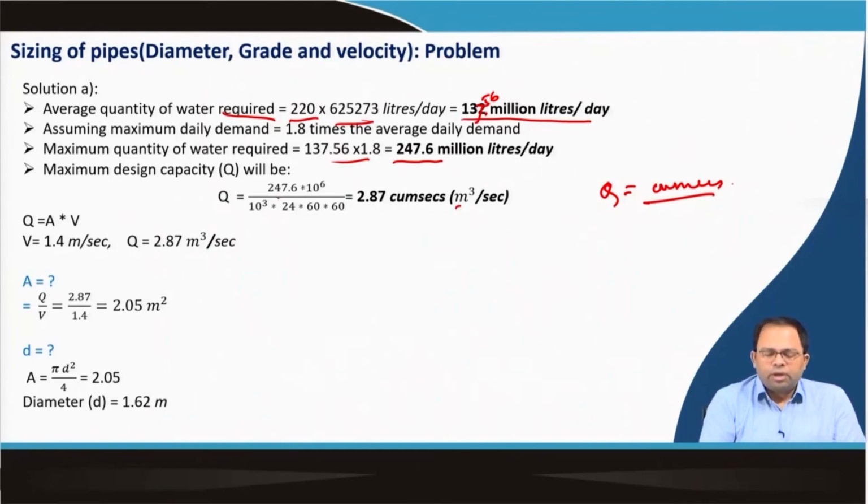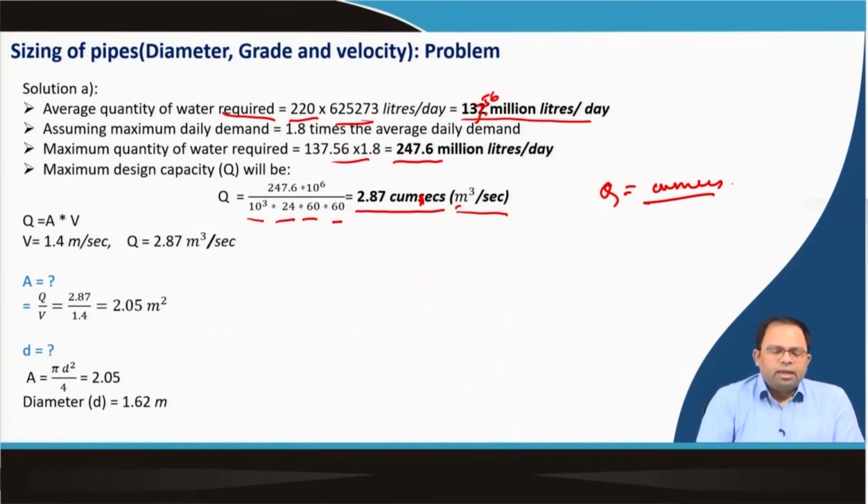So 247.6 million liters into 10 to the power 6 divided by 10 to the power 3, because we are changing liters to cubic meter, and then divided by 24 into 60 into 60, which converts it from per day to per second. At the end, we get around 2.87 Qmax of water, which is 2.87 cubic meter per second of flow required in this particular system.